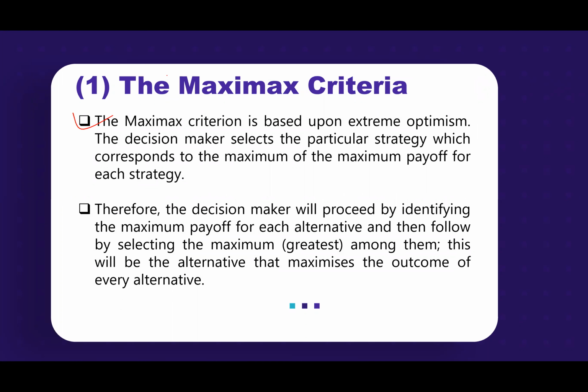Now, for this decision rule, Maximax criterion, the assumption is that the decision maker is going to select the particular strategy which corresponds to the maximum of the maximum. The decision maker will focus on the alternative that gives the maximum of the maximum for each of the strategies.